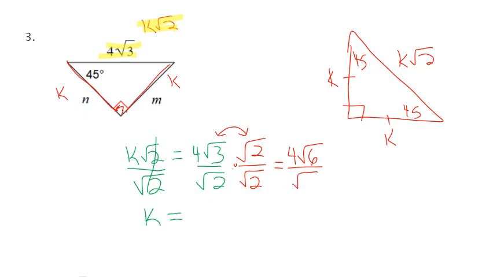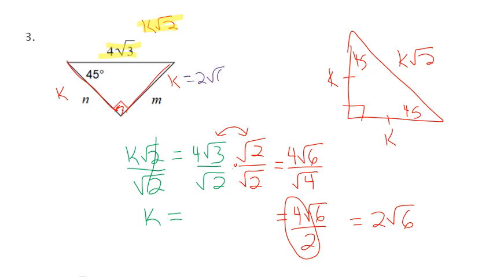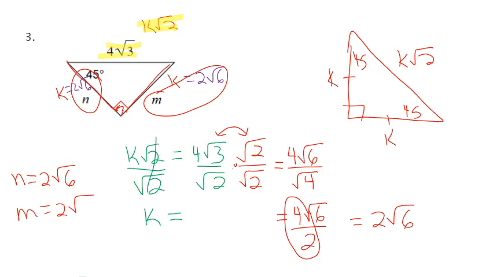On the bottom, I get root 4, which is 2. And then when I simplify, I get 2 radical 6. So wherever I see a k, I know that's 2 radical 6. And so from here, you would get then the answer for n and for m. So n is 2 radical 6. M is 2 radical 6.